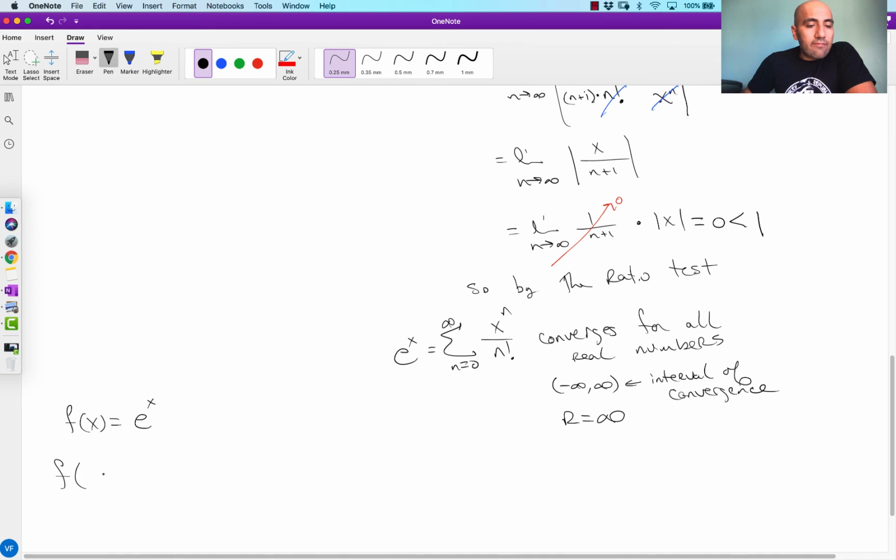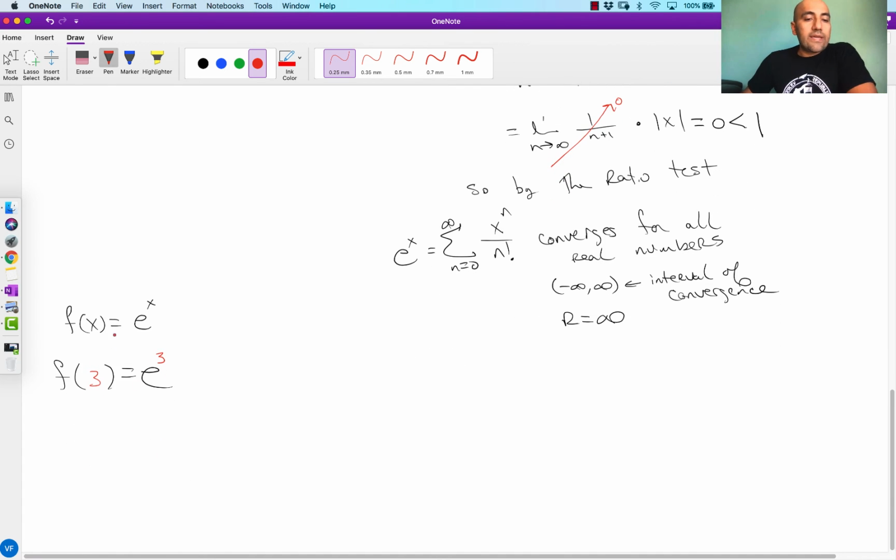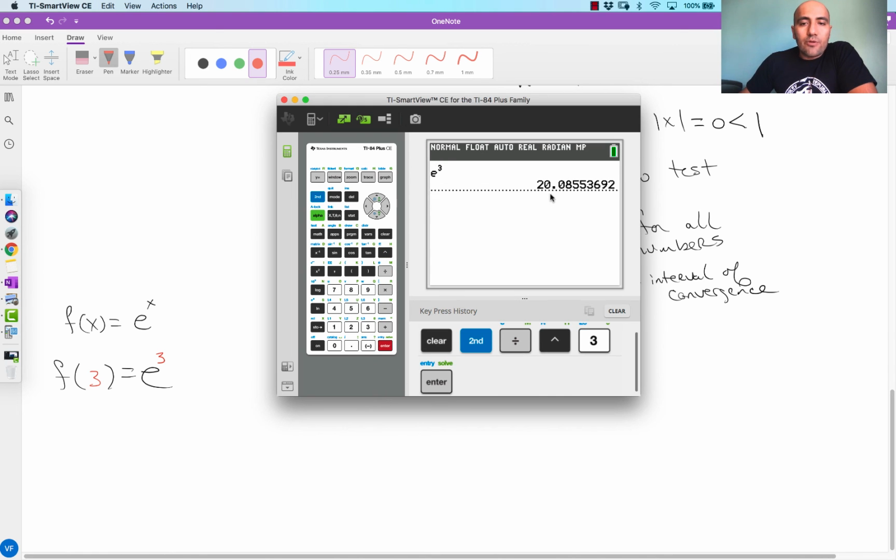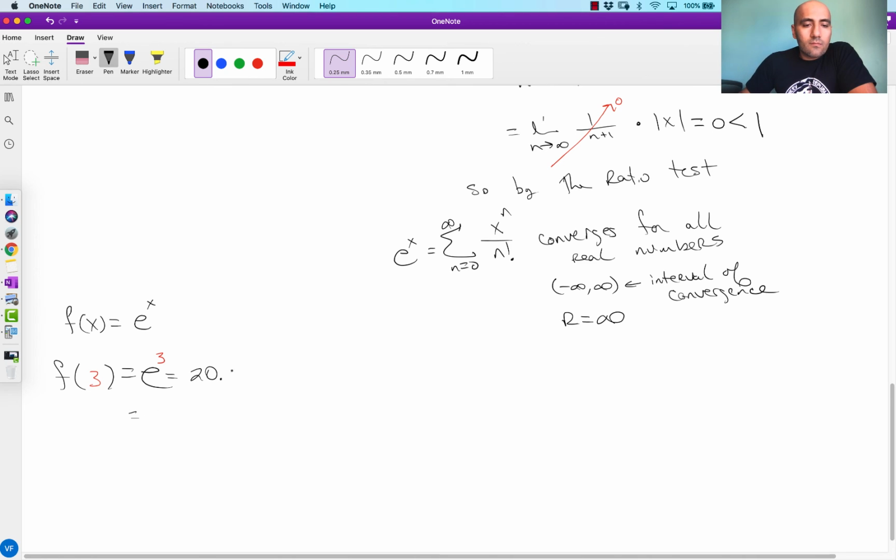So what is f of 3? It's e to the 3. We can get a decimal representation using our calculator. So we can just take e to the power of 3, and we get a pretty decent decimal, 20.085536. So there we go, approximately equal to that.